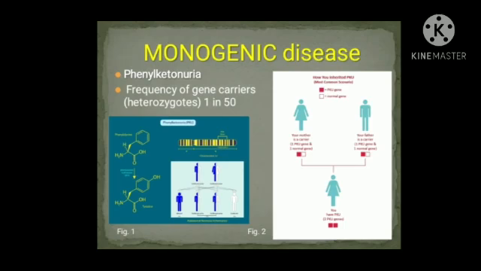In figure number 2, we can see how both parents have disease genes, recessive genes, but their children do not have the disease. How does it happen? If you look carefully at this picture, you will see. Mother has the phenylketonuria gene, type number 1, or a mutation in position, for example, first.